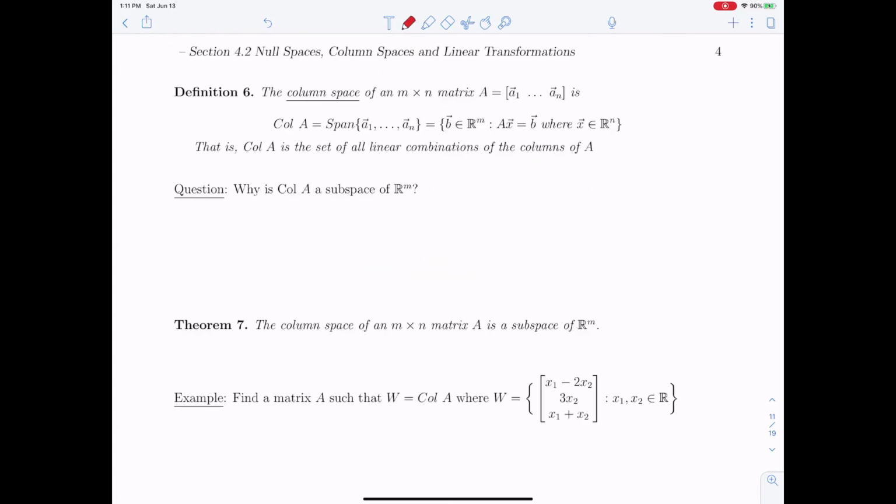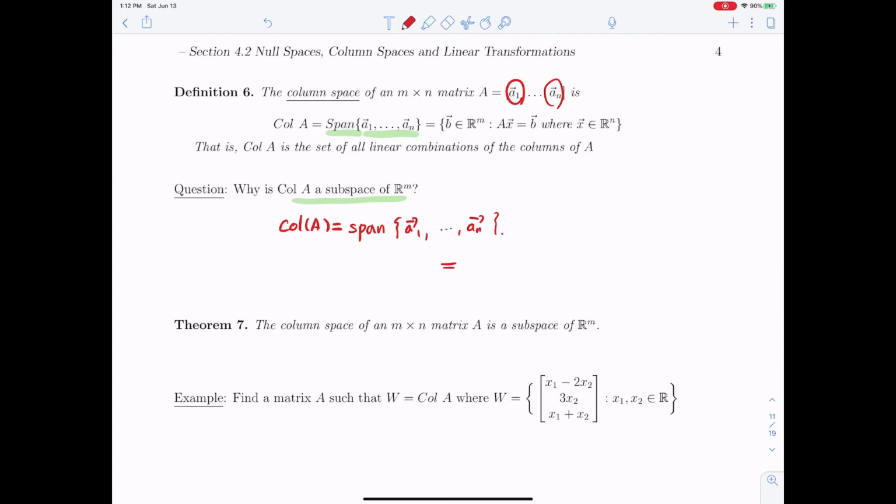The column space of an m by n matrix A is simply the collection of all the columns of the given matrix. So the column space is defined by the span of its column vectors, or the space consisting of all the linear combinations of the columns of A. Then we know that the column space is also a subspace of R to the m, because the column space is given by a span of a set of vectors.